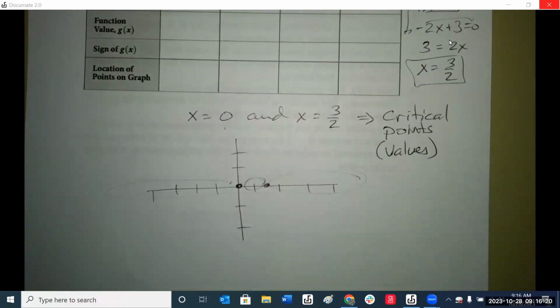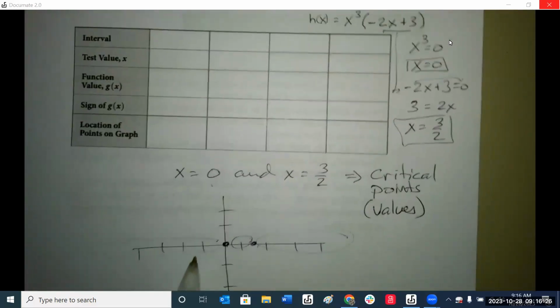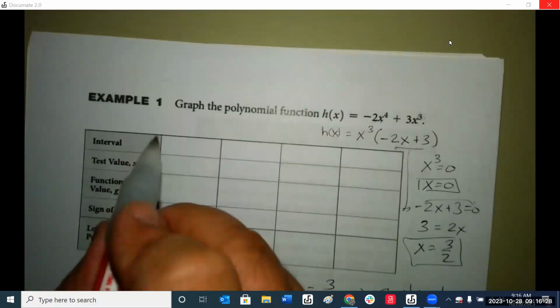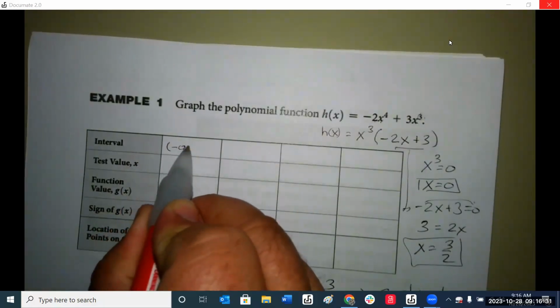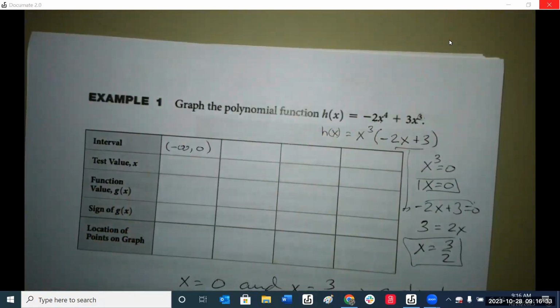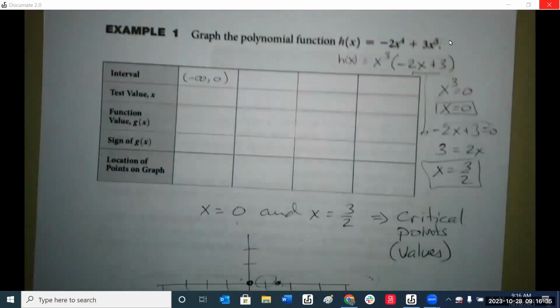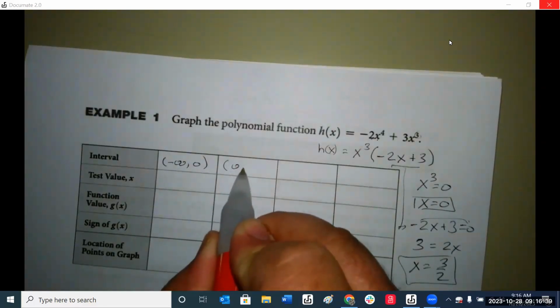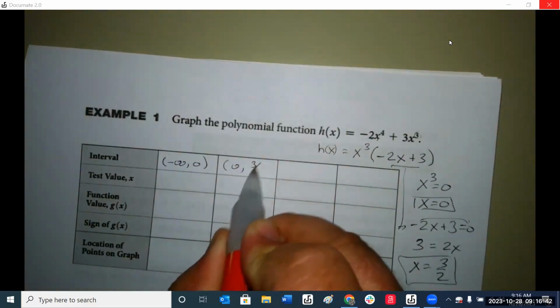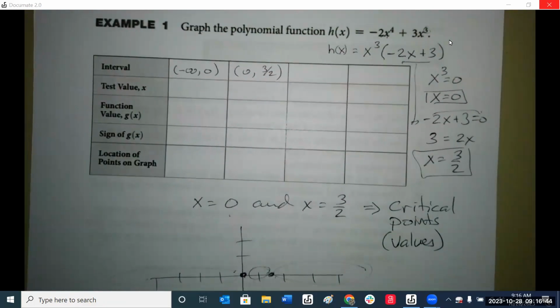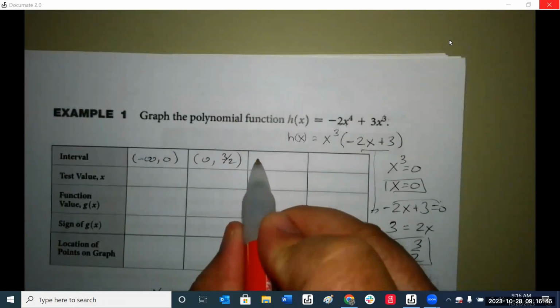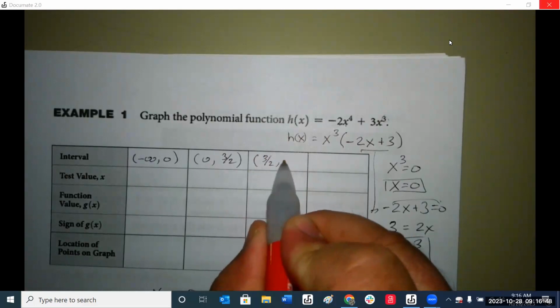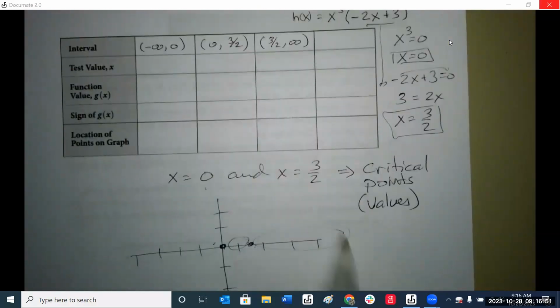That's why they call those the critical values. Because we know exactly what happens there. There are zeros. So what we're looking for here is from negative infinity to 0, what happens? Then we will look at the next set. From 0 to 3/2, what happens? And then from 3/2 to positive infinity, what happens there?